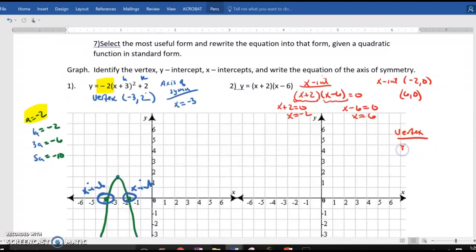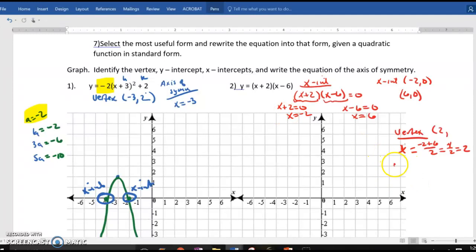But the easy way when it's in factored form or intercept form is to average the two x-intercepts. Negative 2 plus 6, all divided by 2, is 4 over 2, which is 2. So the x-coordinate of your vertex is 2, but we still have to find the y-coordinate by plugging it in.